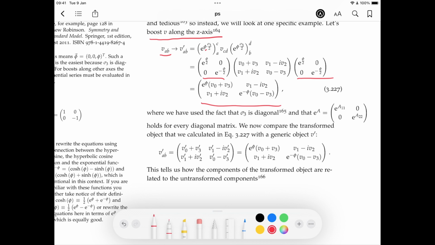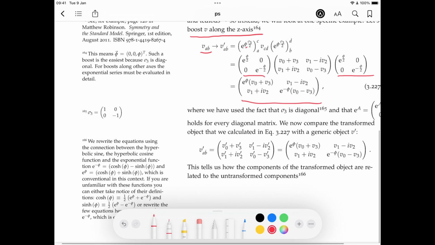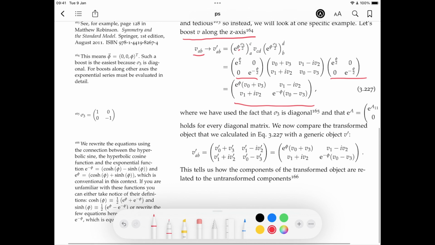Okay, so now he probably wants to calculate the exponential here. So he writes the formulas using hyperbolic cosines and sines.